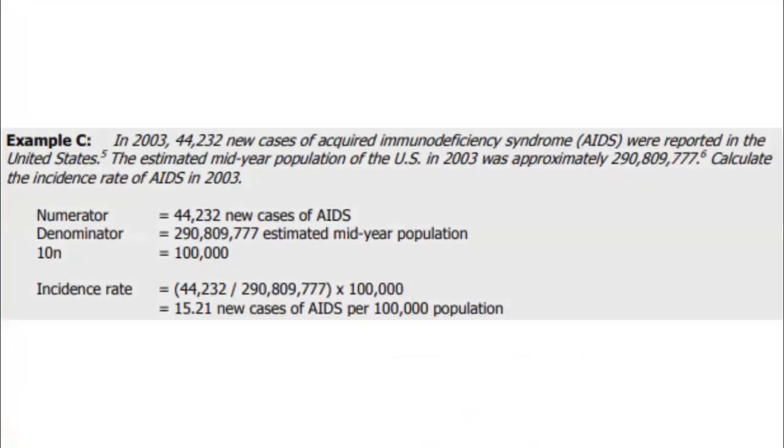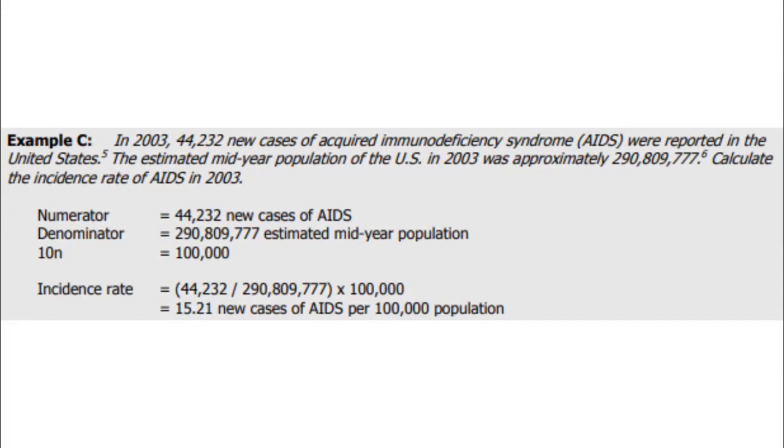So for example, in 2003, 44,232 new cases of AIDS were reported in the United States. The estimated mid-year population of the US in 2003 was approximately 290,809,777. Calculate the incidence rate of AIDS in 2003 at that particular time.